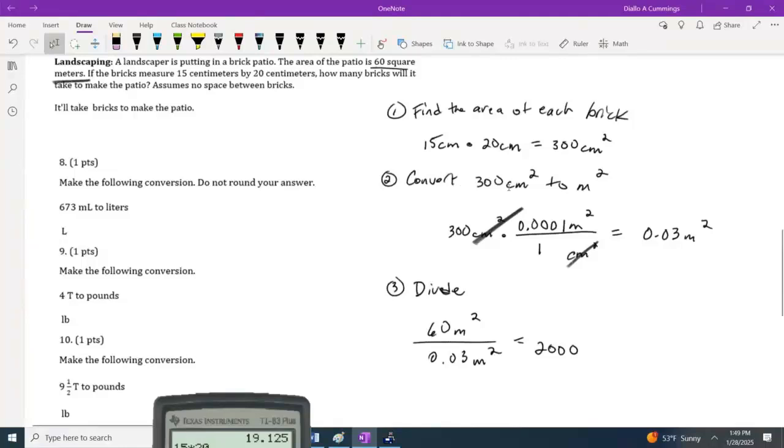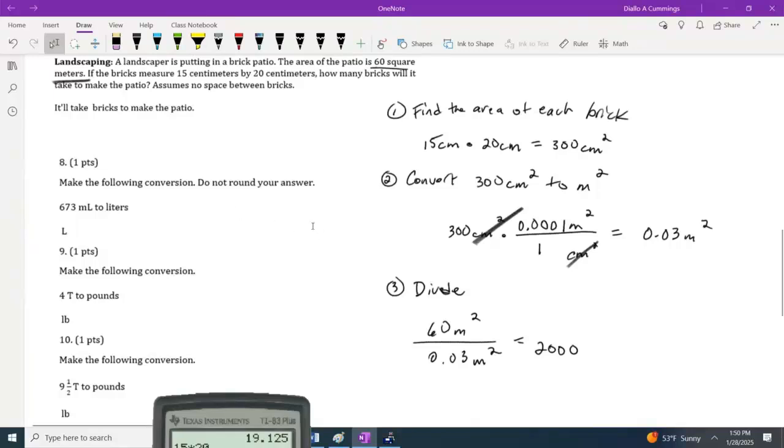We got 300 square centimeters. We converted the 300 square centimeters to 0.03 square meters, and then we divided. So it should take about 2,000 bricks to brick the patio. All right, so on the answer key, it does say 2,000.